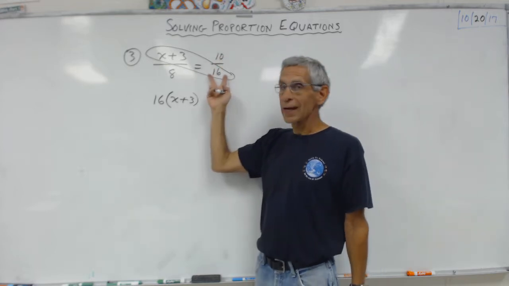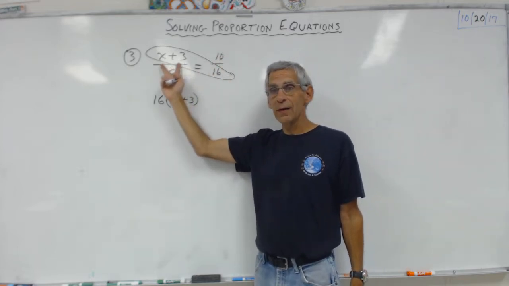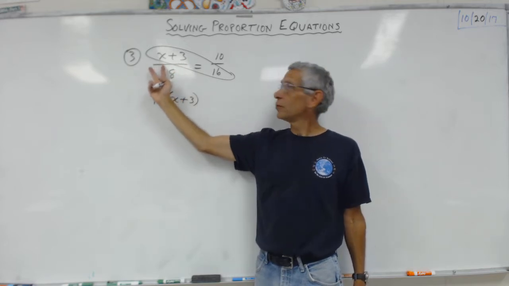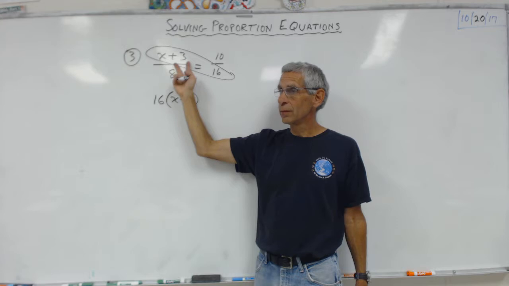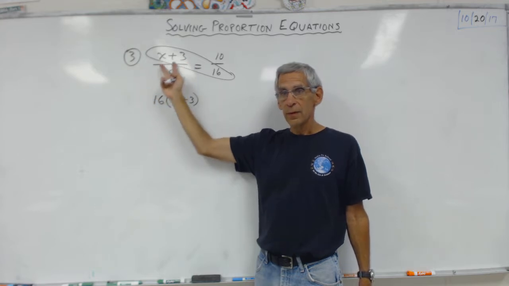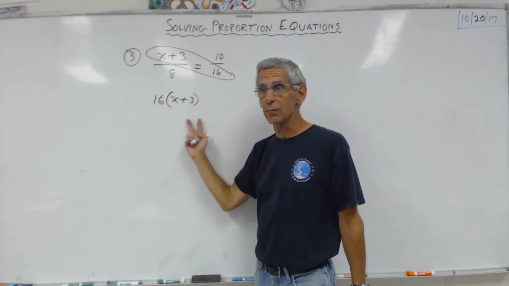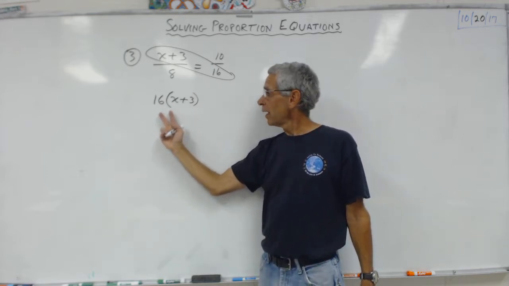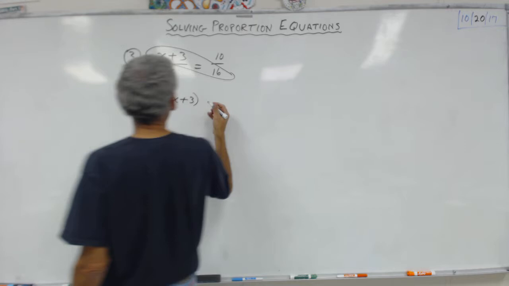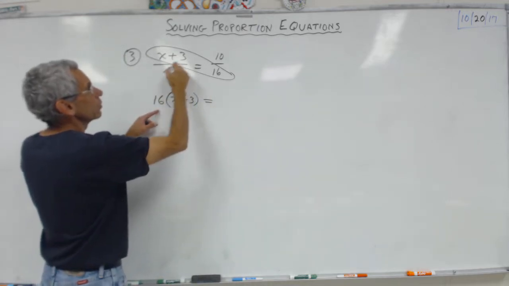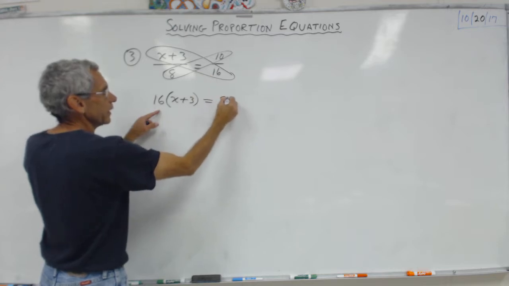But when I'm multiplying 16 times a binomial, where you have two terms, a first term and a second term, I have to multiply that 16 times both of those terms. That's why I put it in parentheses. So I've got 16 parentheses x plus 3 is equal to 8 times 10, which is 80.